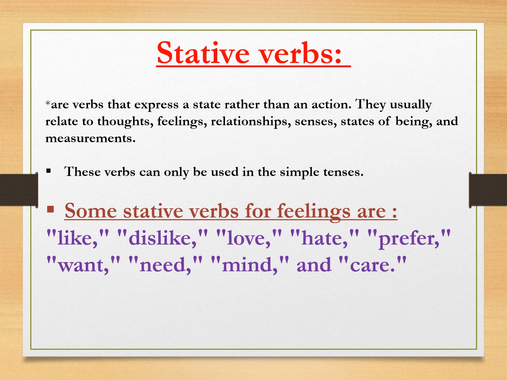These verbs can only be used in the simple tenses. Okay, so now let me show you some stative verbs for feelings. Like what? Like, dislike, love, hate, prefer, want, need, mind, and care.